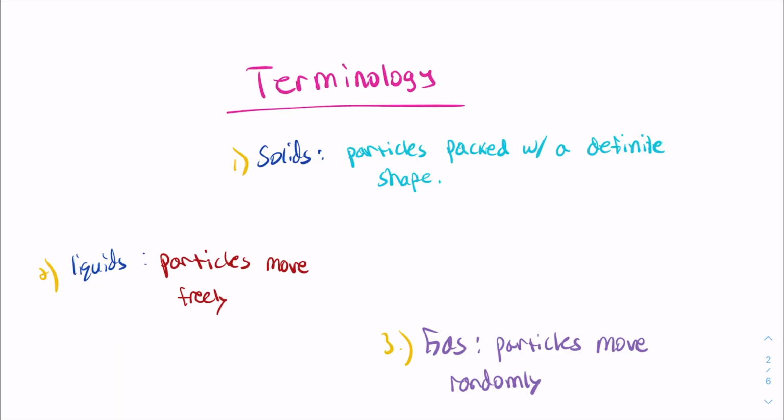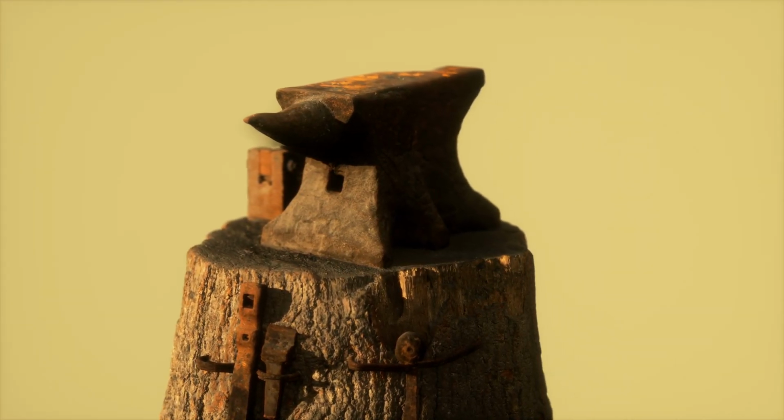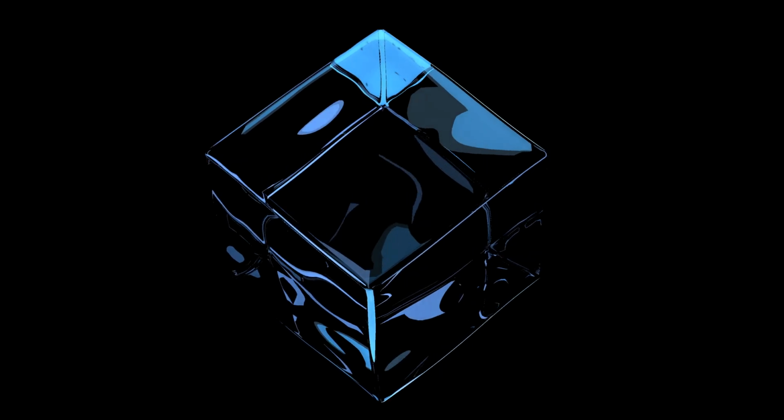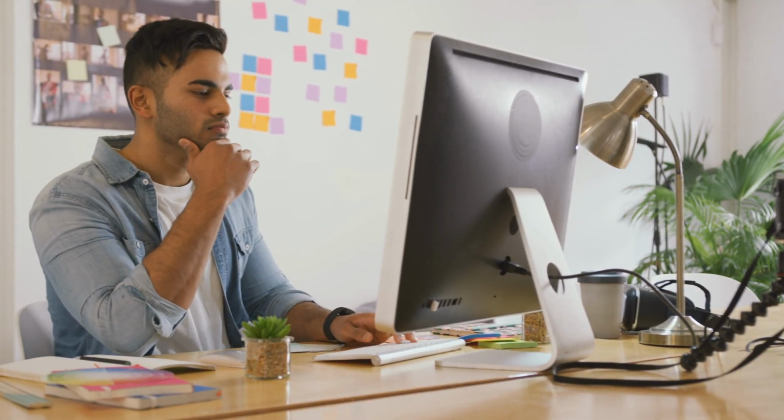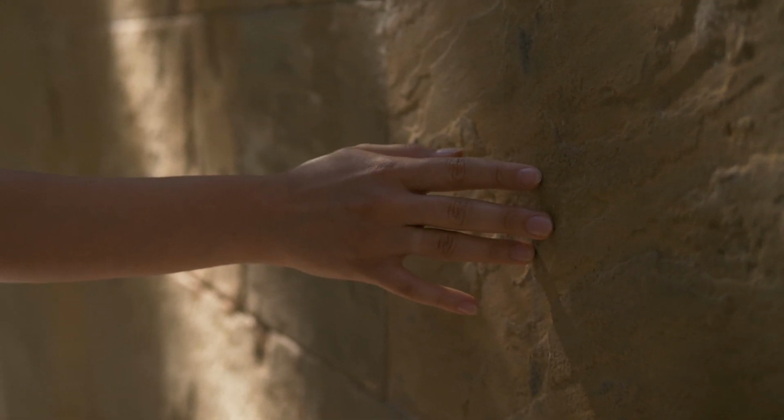Before I even talk about what a liquid crystal is, let's define some terms in regards to states of matter. So we've all had science class before, but I just want to review some things. Solids are materials where particles are densely packed together. They have a definite shape. Think of a desk or a brick. They're solid. You can't pass anything through it.